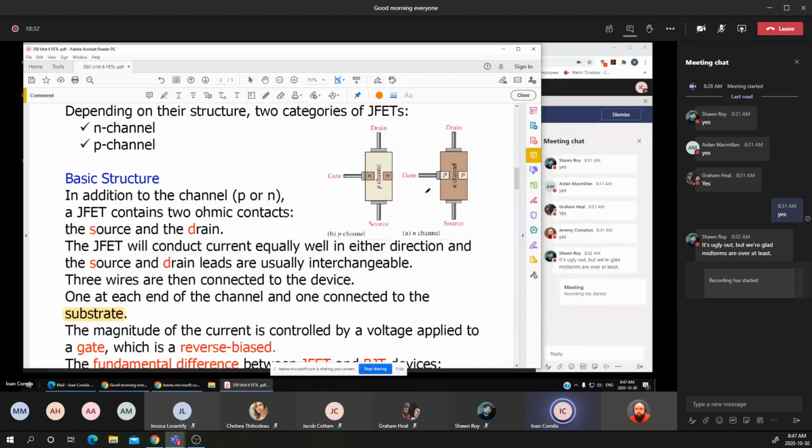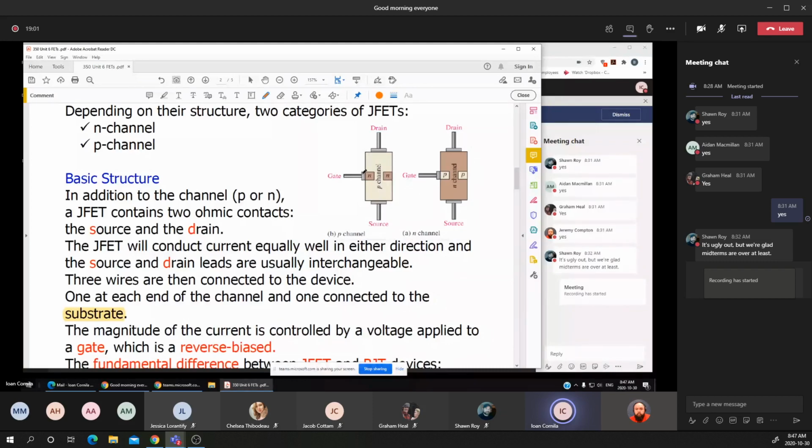What do you remember from a diode? If a diode is forward biased, how is the depletion region? The depletion region becomes very narrow. Okay. Now, if the diode is reverse biased, what is going to happen? If it is in reverse bias, the depletion region becomes wider.